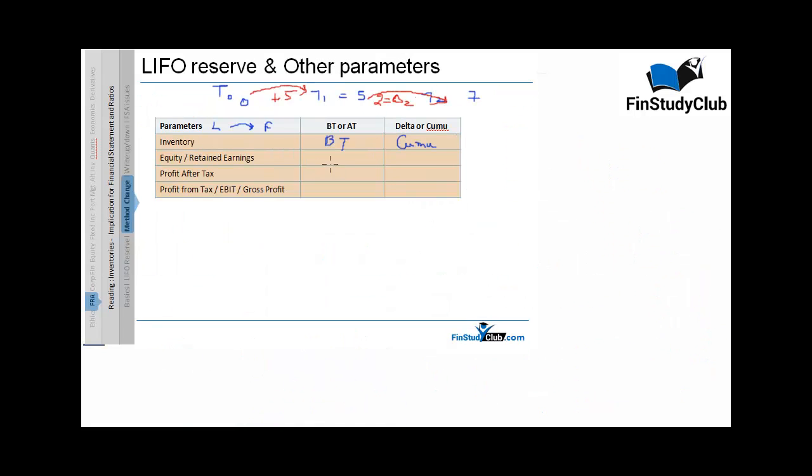So I can fill in this table by writing that although I'm going to take cumulative entire 7 here, I'm going to make that 1 minus T. That means this is after tax.